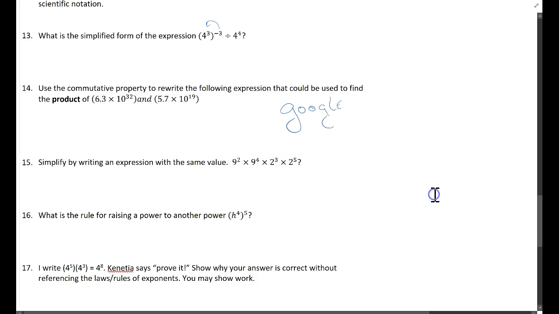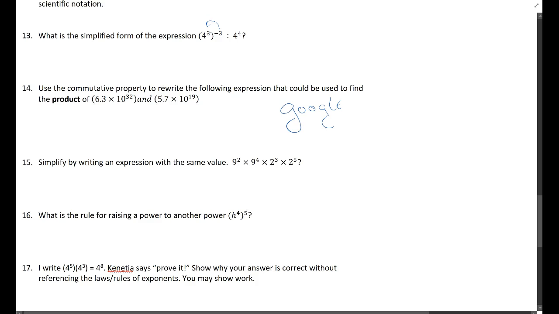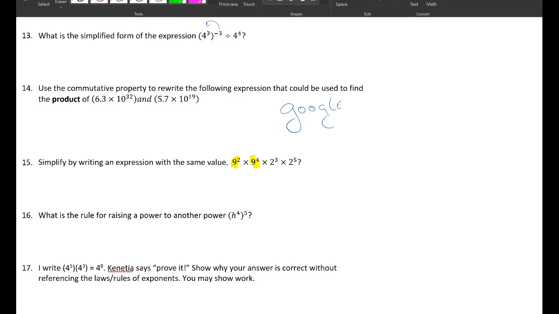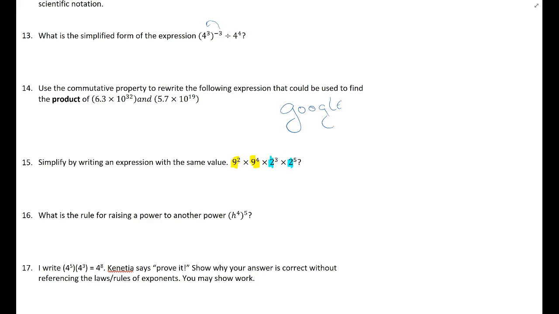Now, simplifying for number 15, because I think this is one that I've seen a lot of people make very silly mistakes on, so I want to address that. We need to check our bases. Here we have the 9s, we have the 2s. I'm not going to combine them. They're not like terms.